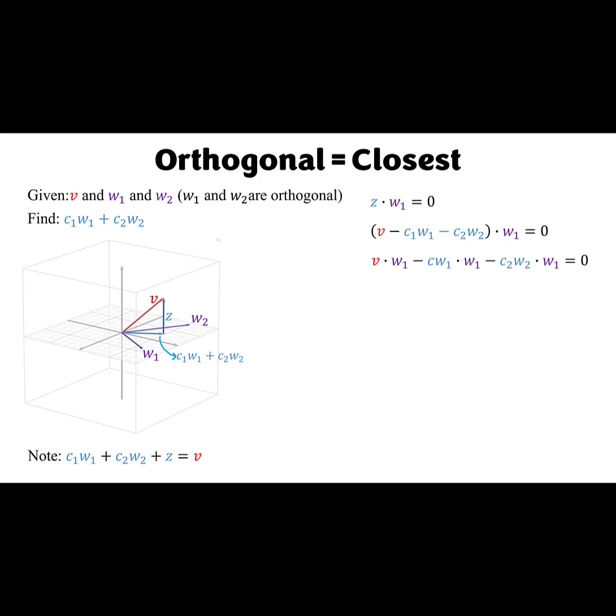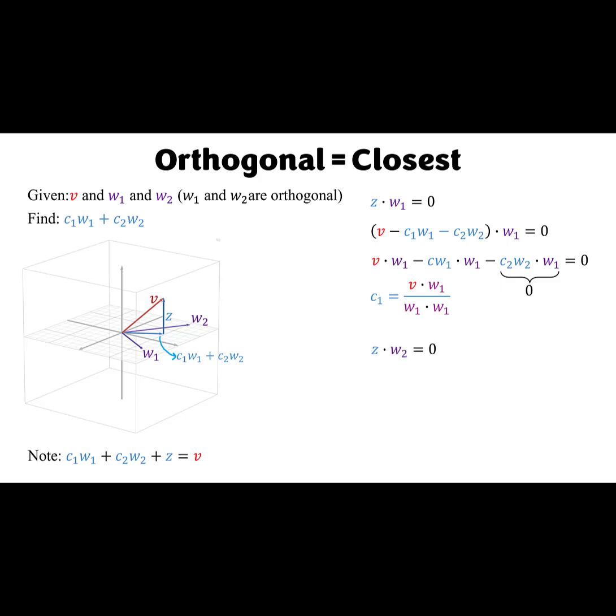Distribute that dot product through. And notice that third dot product is 0 because w2 and w1 are orthogonal. And when things are orthogonal, the dot product is 0. And so we can solve for our c1 to be v dot w1 divided by w1 dotted with w1. So it's a ratio of dot products.